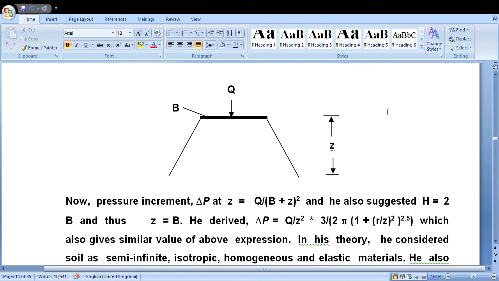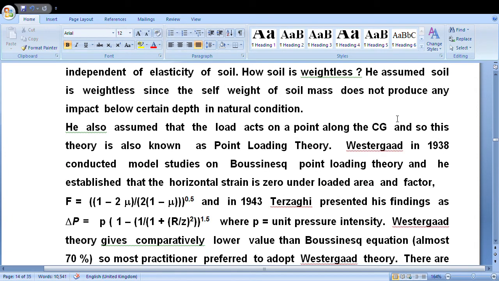In considering this P also, we consider it in the equation when doing settlement analysis on the basis of the compression index, in log of delta P by P0 divided by P0. So we are considering that soil has some weight. I do not know why he is assuming that soil is weightless.